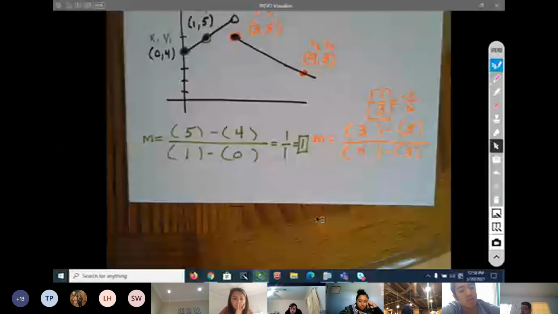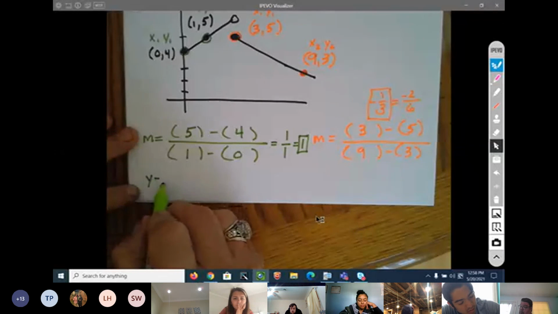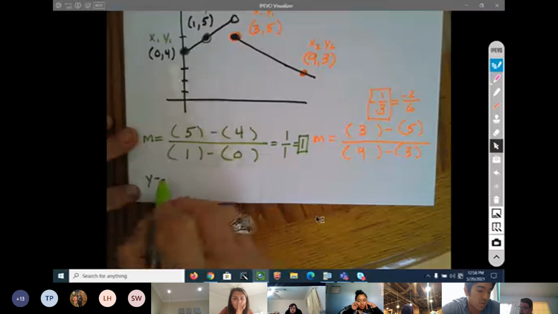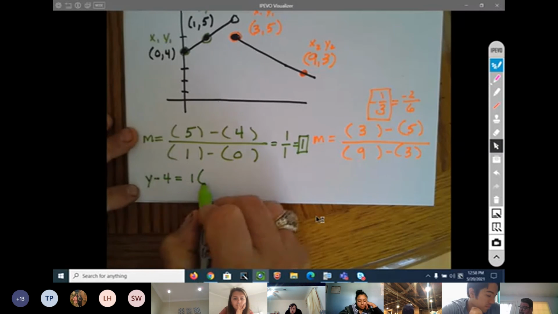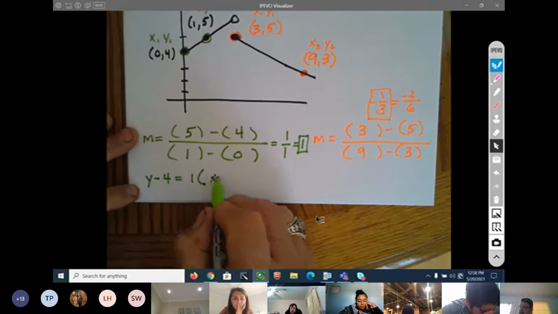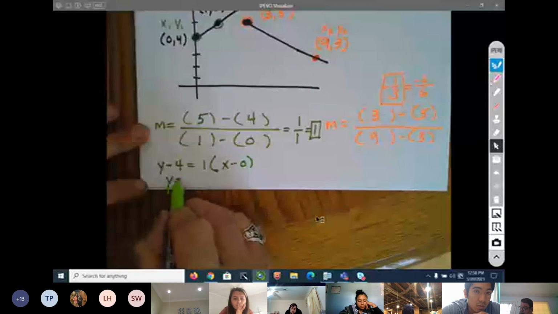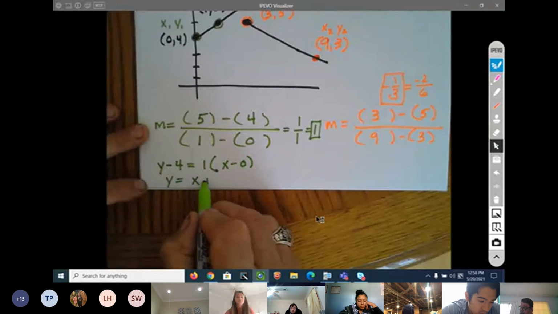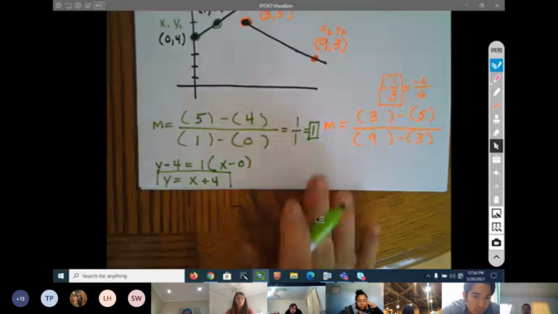So now y minus, I'm going to pick 4, is equal to 1 times x minus 0. y is equal to x plus 4. There's the equation for the green line.